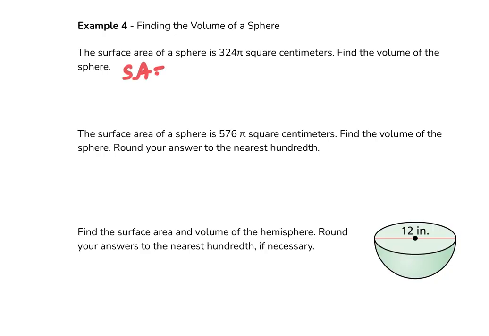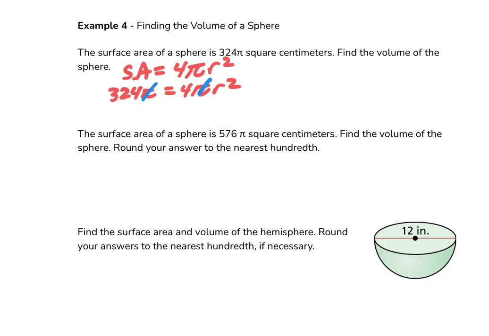Surface area is 4 pi r squared. So make sure you use the right formula. Surface area is 4 pi r squared. That's the number that we're given here. So I'm going to plug 324 pi in for surface area. Okay, as we've talked about, I can knock out the pi's because both sides have a pi.